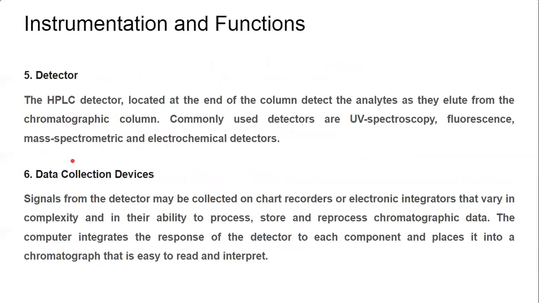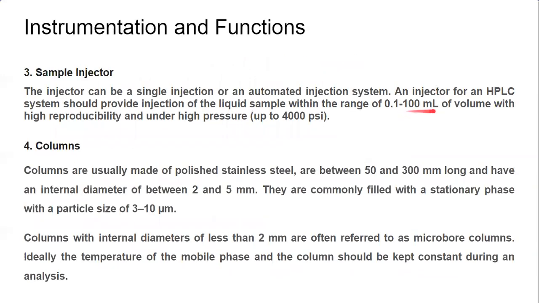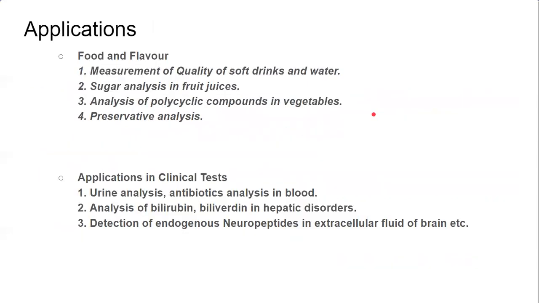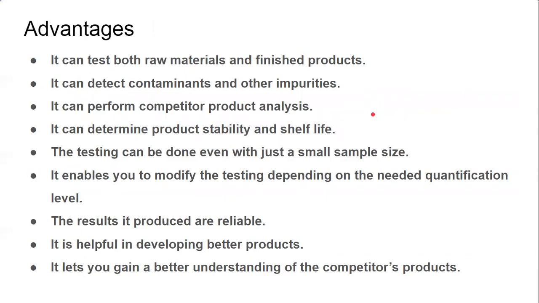So 0.1 milliliter of sample is enough to detect it. And it enables you to modify the testing depending on the needed quantification levels. Modification means, if you want to change the pH or the temperature, those modifications can be done.